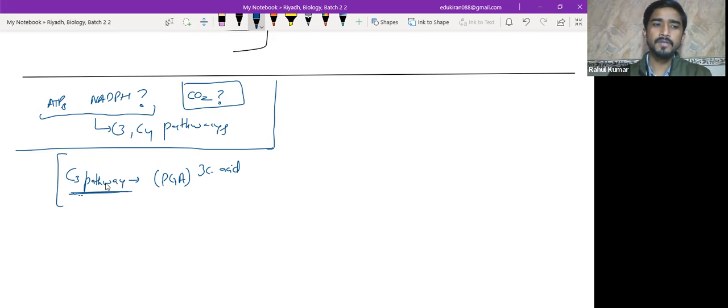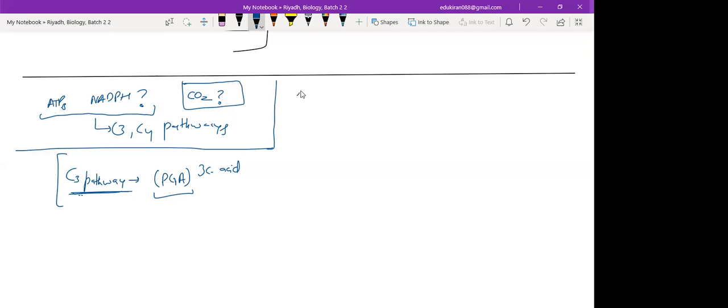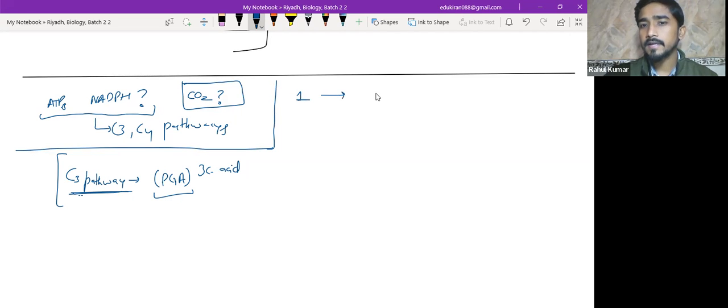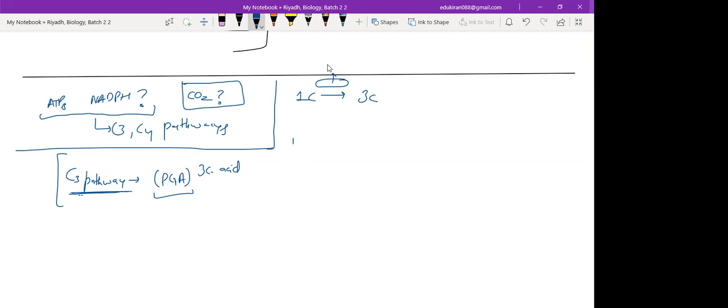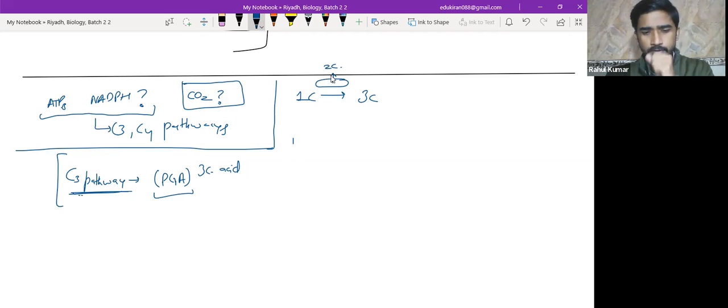This 3-carbon acid is the first stable product of the C3 pathway. We knew that CO2 is taken and reduced. If the first stable intermediate is a 3-carbon molecule, PGA, and CO2 is the raw material with 1 carbon, then how many carbons should the molecule that accepts CO2 have? 2. So the general thought was that a 2-carbon molecule must accept CO2 to make a 3-carbon stable product.